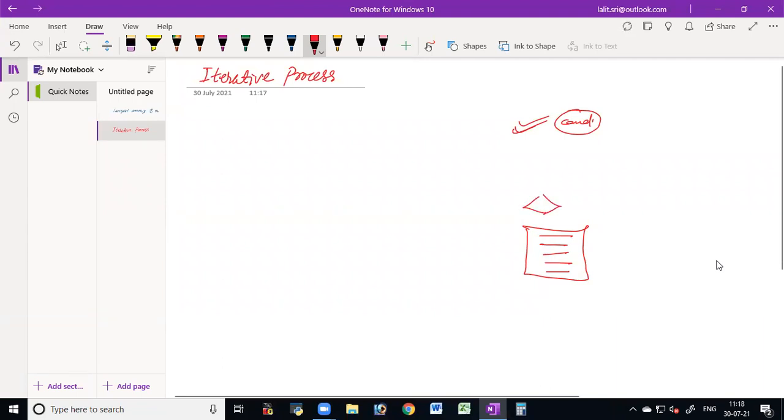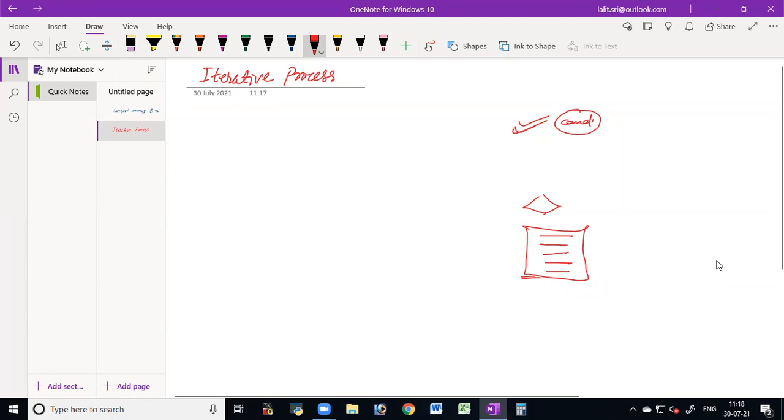Until this condition is satisfied, this number of steps will be executed repeatedly. When this condition becomes false, the repetition process will be stopped.